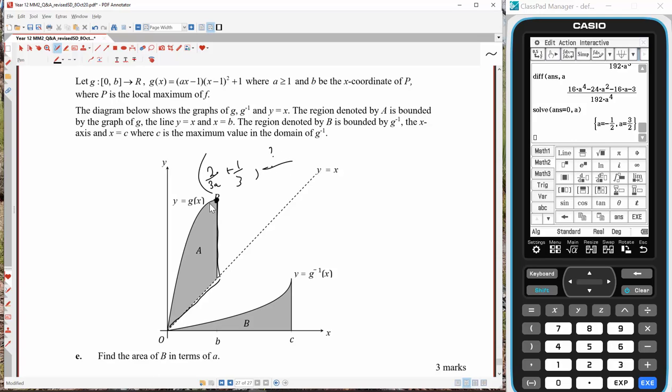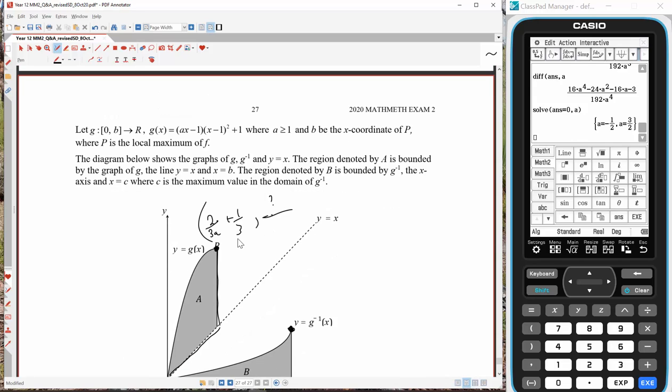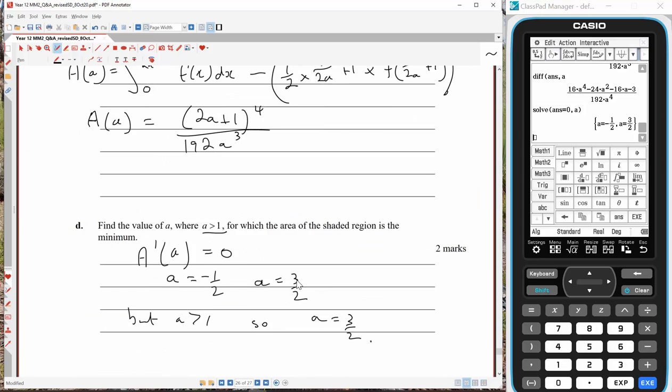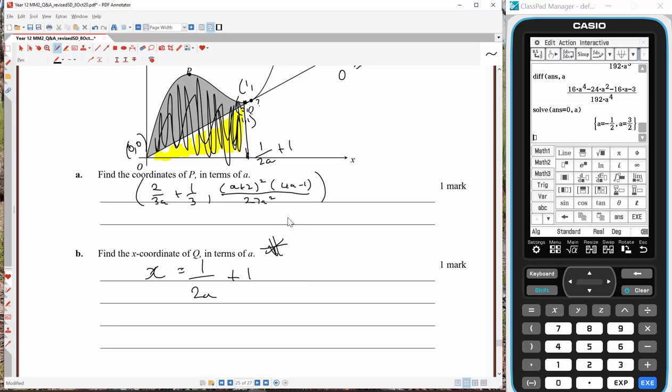Because that point there is the same as that point there. So this C value here is going to be the y value, because these swap around. When we swap x and y, this x value will become the y value, and this y value will become the x value. So go grab the y again.